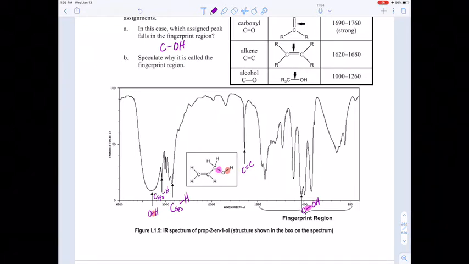Now, speculating, why do you think this is called the fingerprint region? Partly it's called fingerprint because it's really complicated, but the better reason is that the fingerprint region is unique to a certain molecule, just like your fingerprint is unique to you.